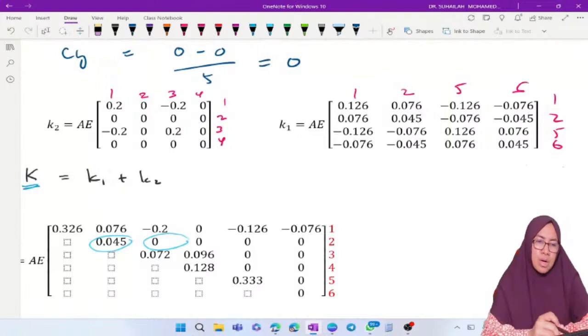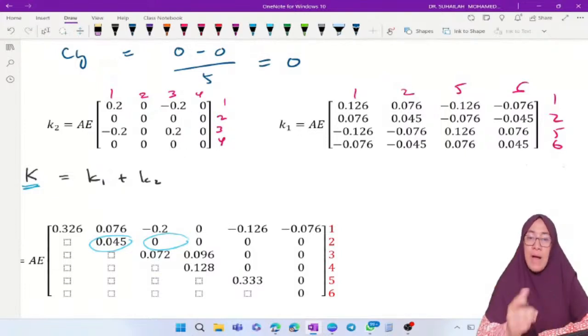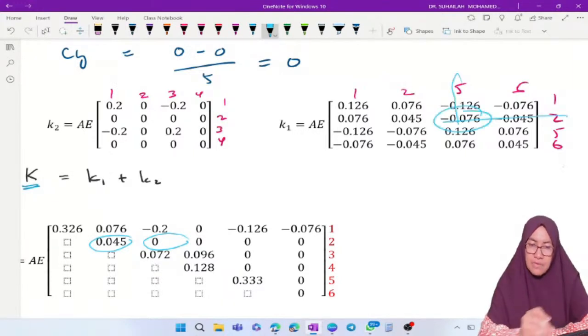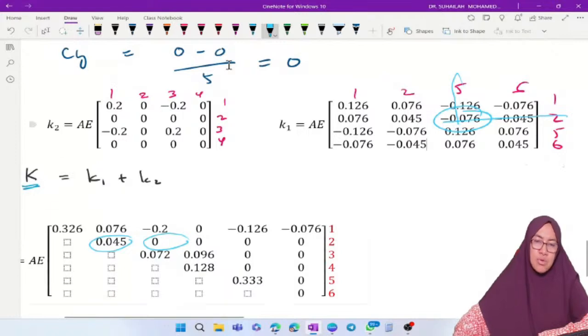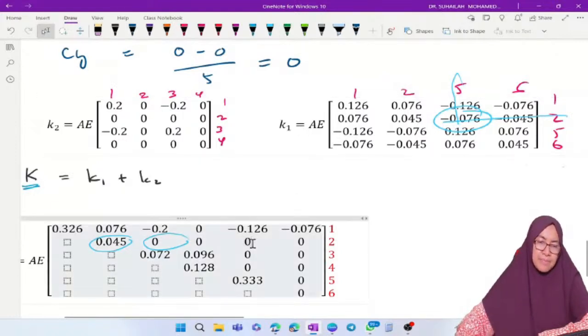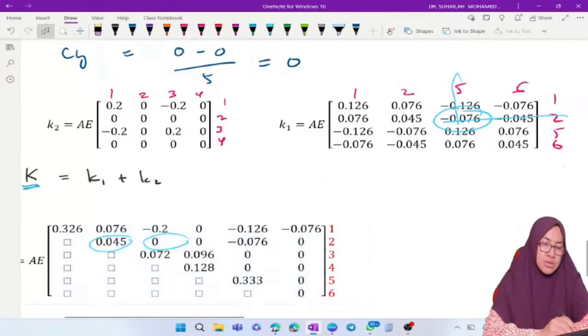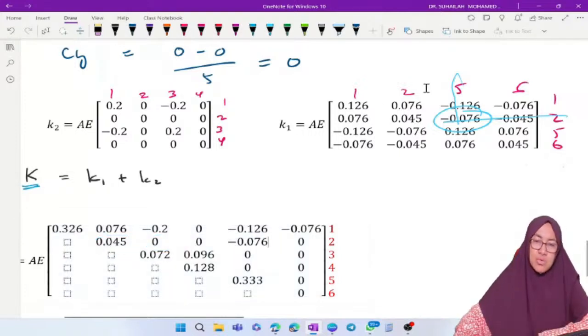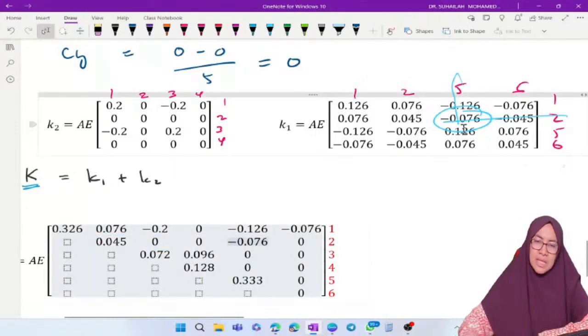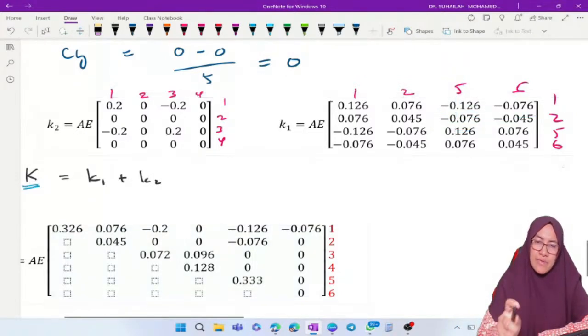Okay, 2, 5. This is the value, negative 0.076. Then 2, 6 is negative 0.045.